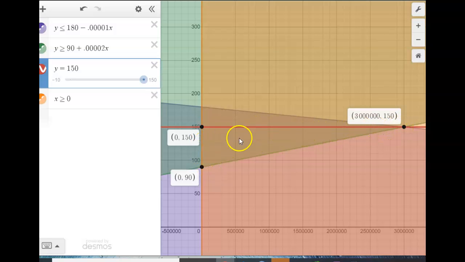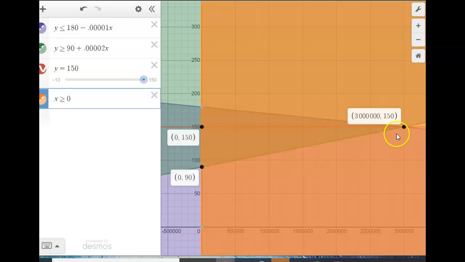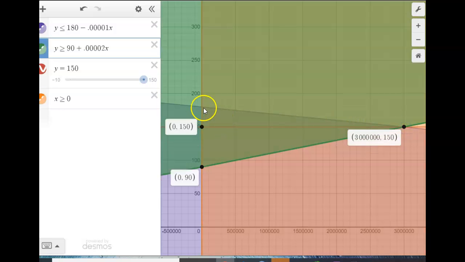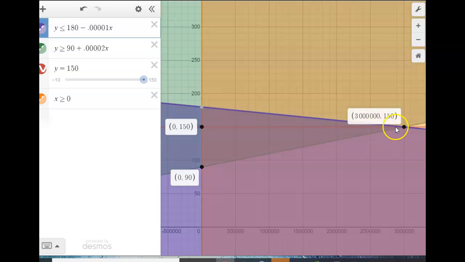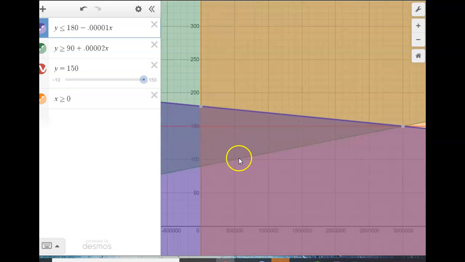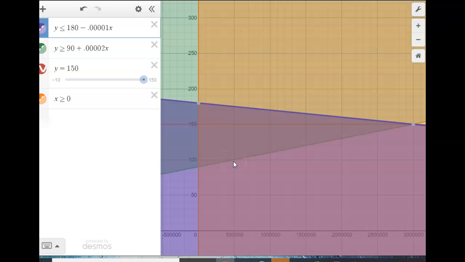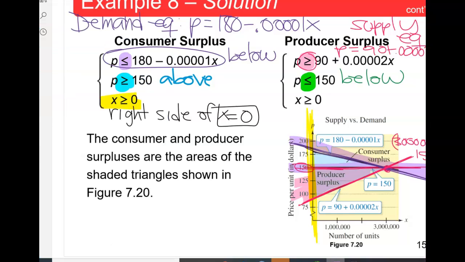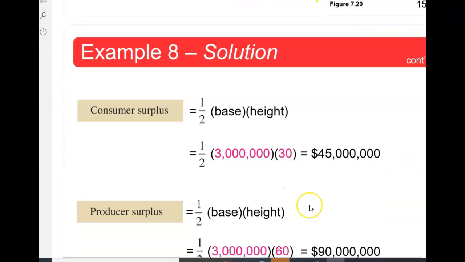Now, since we're talking about the area of a triangle here and also here, to find the area of a triangle, we're going to use the formula base times height divided by 2, and that is what you could all see on the next slide.